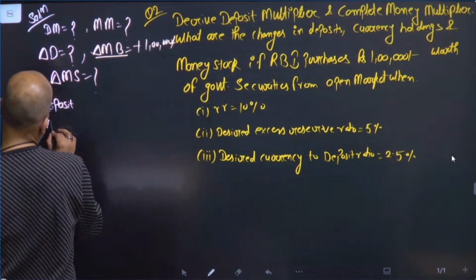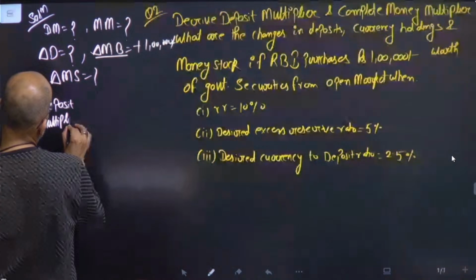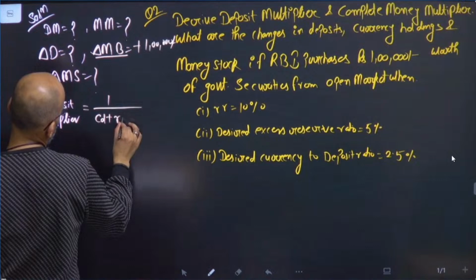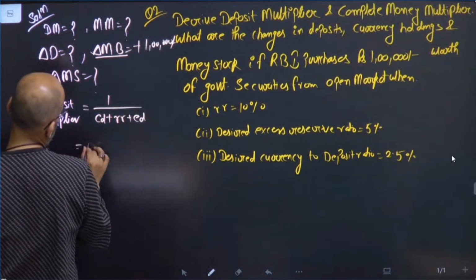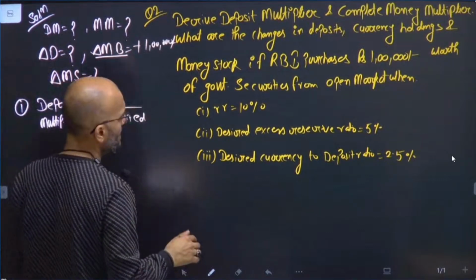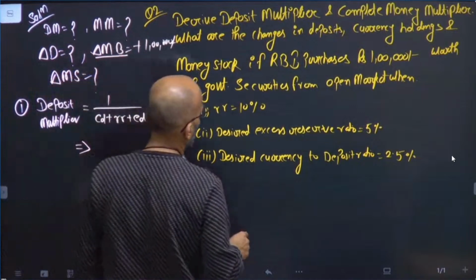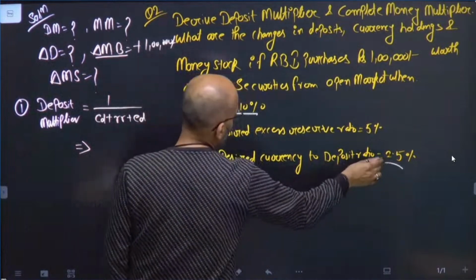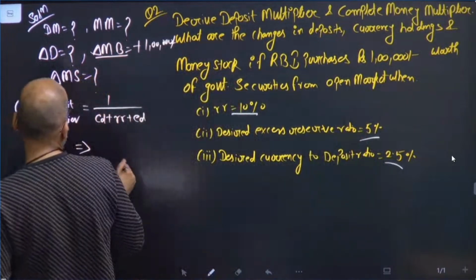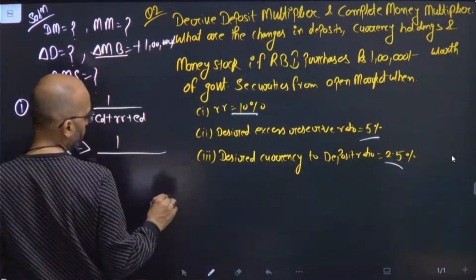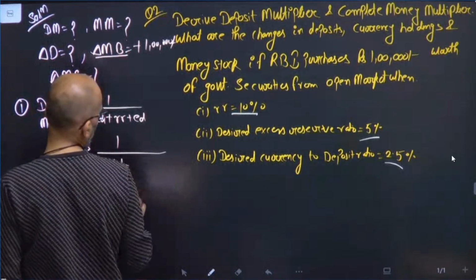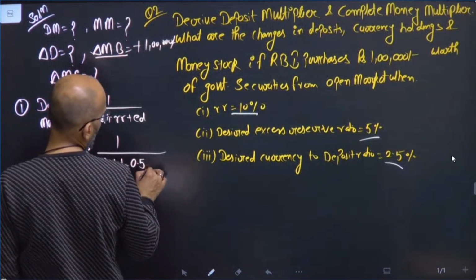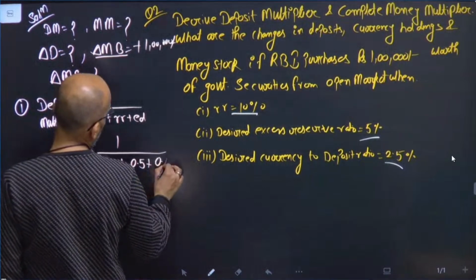So deposit multiplier, direct formula 1 upon CD plus RR plus ED. All these are given in percentage. See, RR, CD, ED, everything is in percentage. So convert it. So 1 upon 0.5, 1 upon 0.1 plus 0.05 plus 0.25.